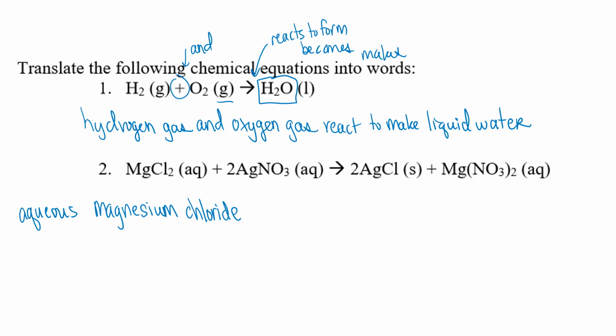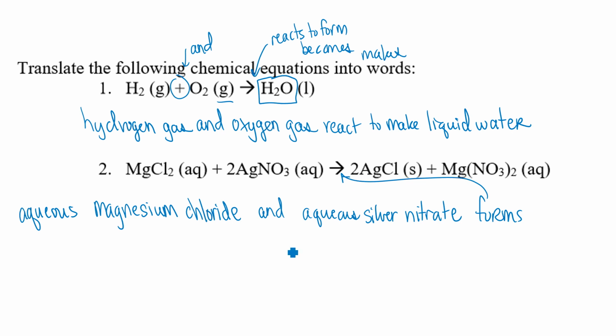So aqueous magnesium chloride, and aqueous Ag is silver, NO3, that's one of our 6 polyatomic ions we should be familiar with. So, and aqueous silver nitrate forms, that's the arrow there, silver chloride. That's this one. So Ag is silver, Cl is chlorine, the ending becomes ide, so chloride, and it's a solid.